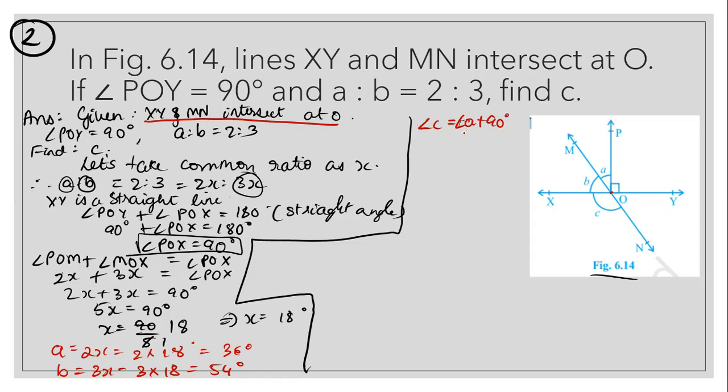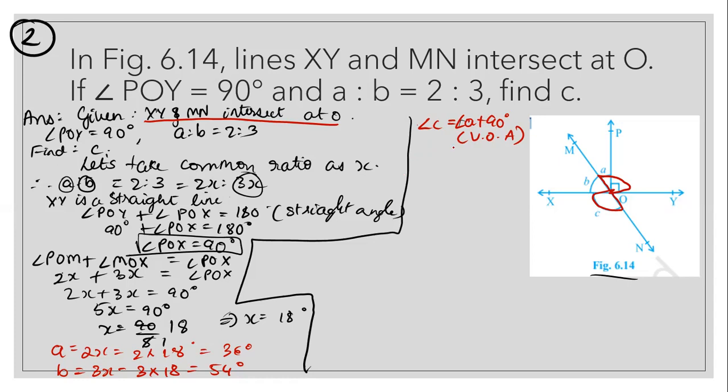Can I say that? Why? Because it's a vertically opposite angle. This whole angle is vertically opposite to this whole angle, correct? You're able to see that? So angle C is equal to angle A plus 90 degrees.